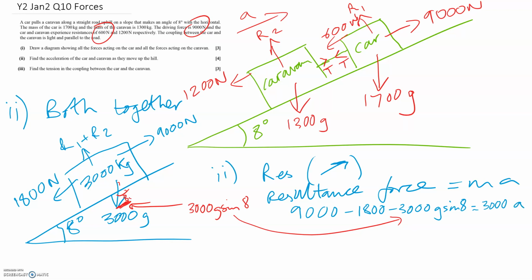Our G is 9.8 as usual, so if we type the whole left hand side into our calculator and then divide it by 3,000, we should end up with A as 1.0361 something. Let's just leave it as 1.036 because I think we're going to need it in the next question anyway, so leave it exact on your calculator.